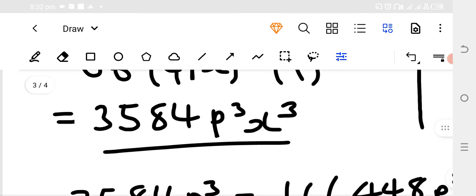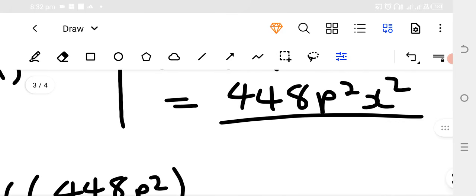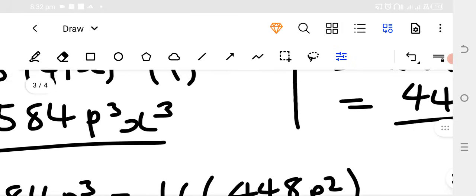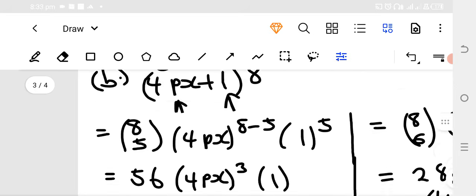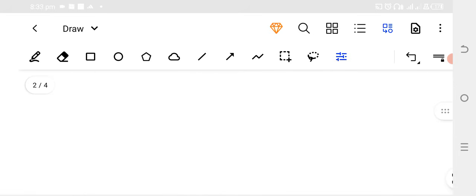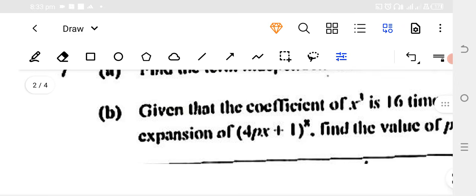3584 times 2 cubed, you're going to have 28,672. This side, 448 times p squared, you're going to have a particular answer there. So what was the condition of the question? It said that the coefficient of x cubed is 16 times.